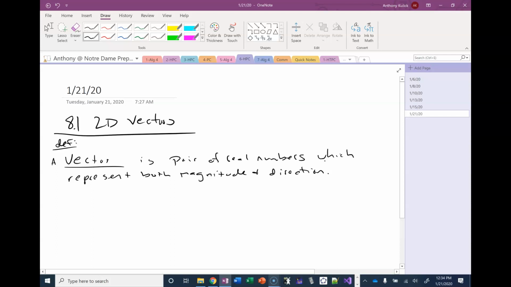So a vector is a new type of quantity. A vector is defined as a pair of real numbers which represent both a magnitude and a direction.